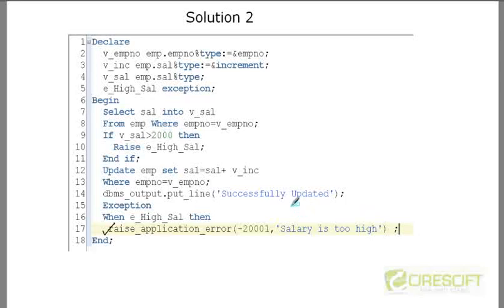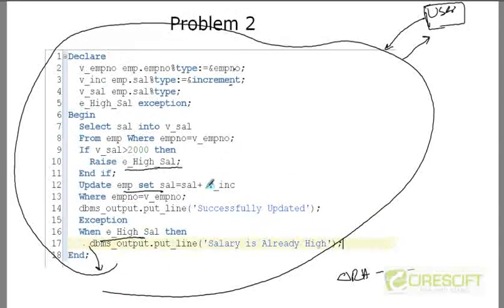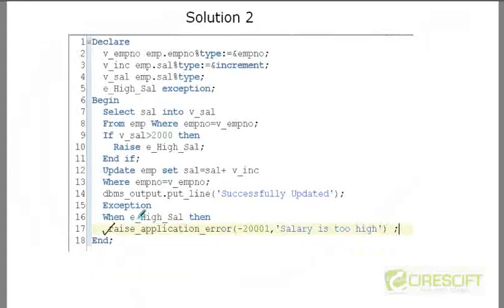What does that mean? Whenever you run this piece of code, if you reach the exception condition, then it returns an error code and error message, and that is achieved by calling the procedure RAISE_APPLICATION_ERROR. It takes two parameters.